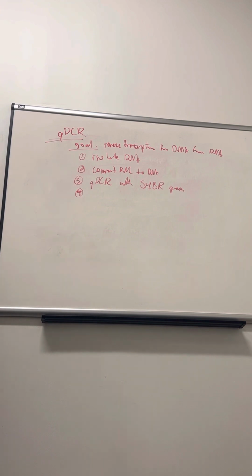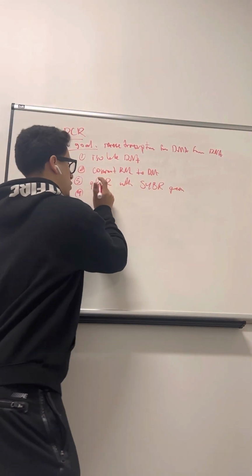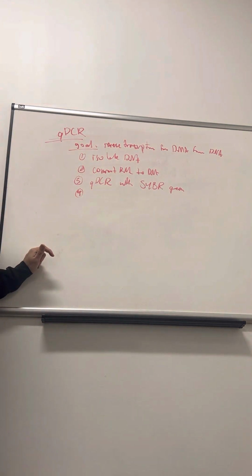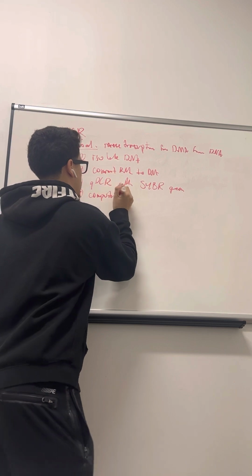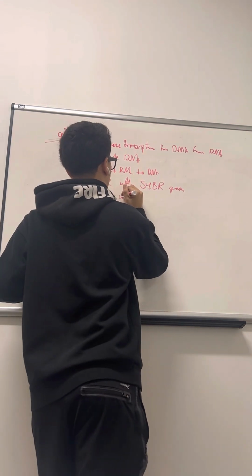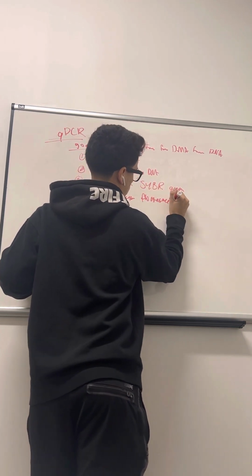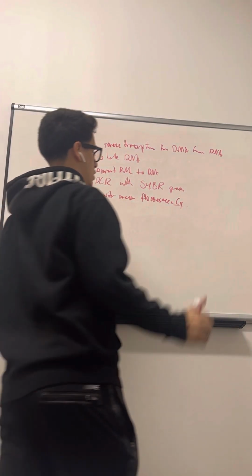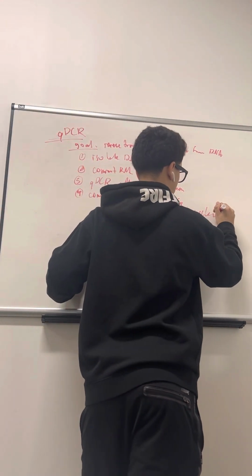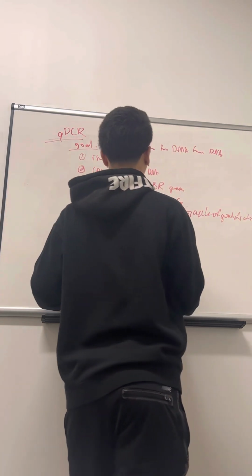After we do the qPCR, the computer will measure the fluorescence of the experiment and the cycle of quantification, which is the Cq. So this way we can see the fluorescence of the DNA.